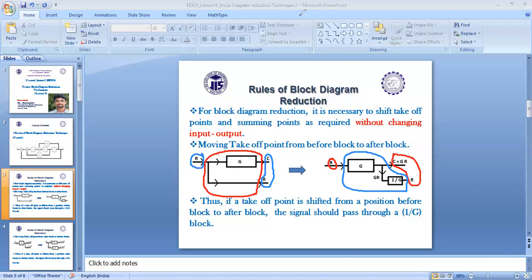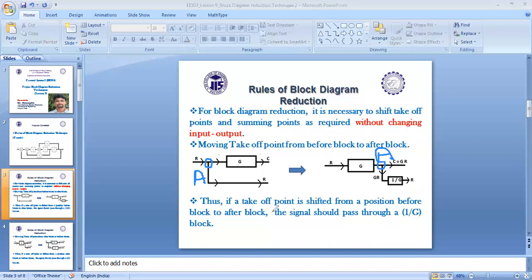To do that, what shall we do? See here, R is the input, C and R are two outputs. Here also R is the input, C and R are two outputs. So without affecting input and outputs, we have shifted the takeoff point from before the block to after the block.